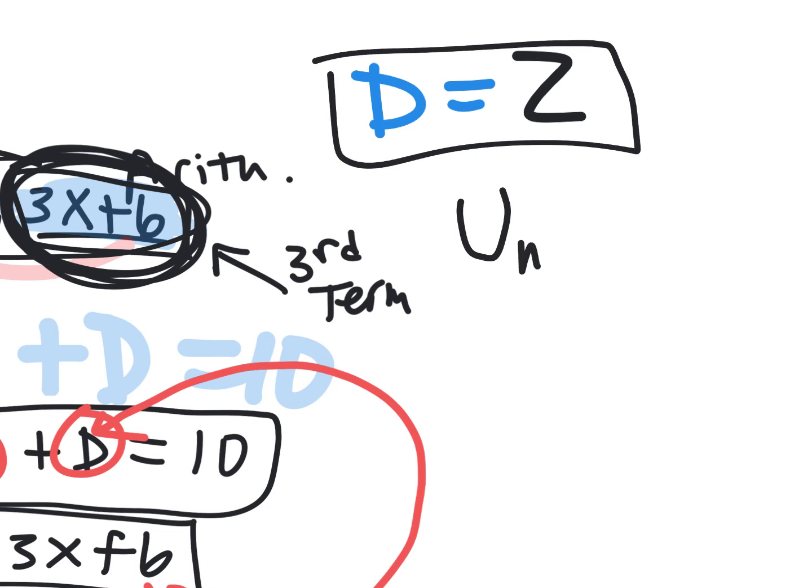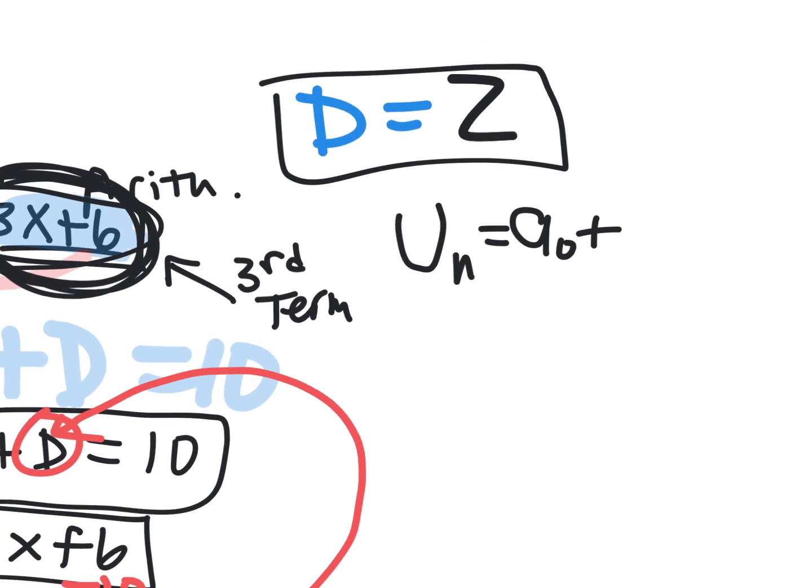So it's u sub n is equal to, and this one starts with a 0 plus n minus 1 times d. And I know lots of those things. I know the d, which is 2, so I could put that there. I know the n is the third term, so I could put a 3 there.